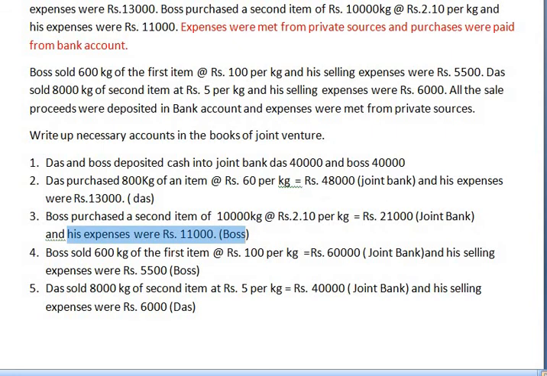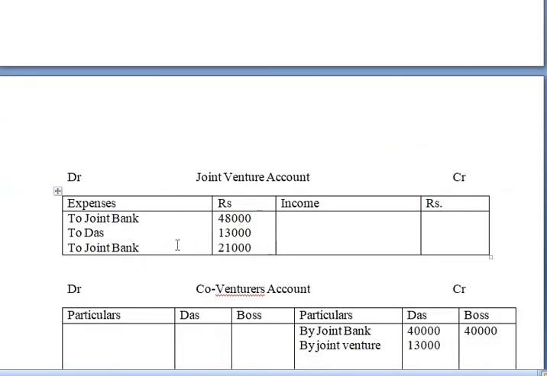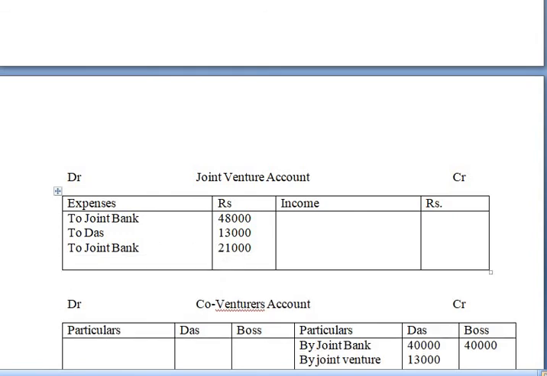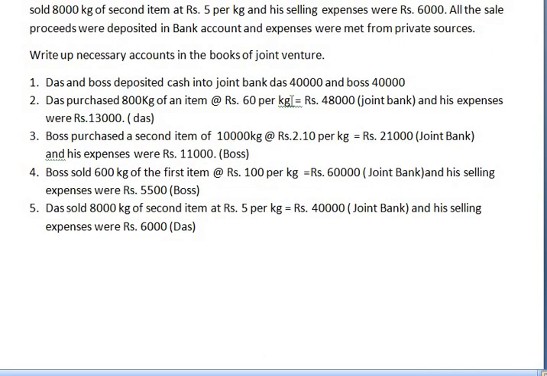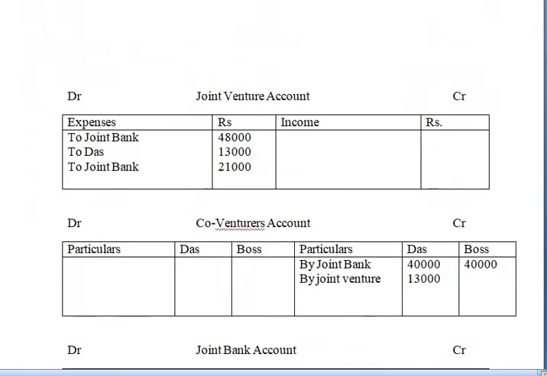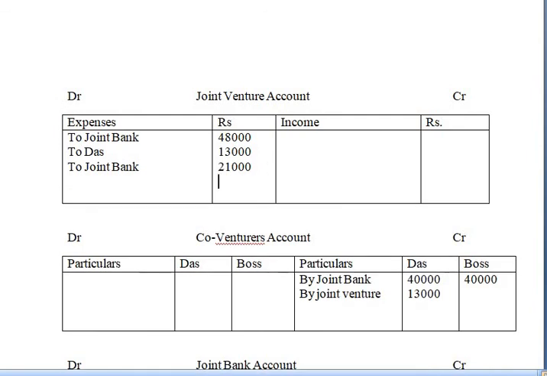So in joint venture account, what's the expenses? The expenses is rupees 11,000. So this 11,000 expenses paid by boss to boss. So now cross posting. Here boss account is debited. Now make a credit entry in opposite direction.